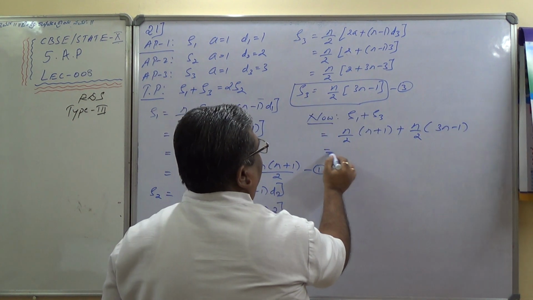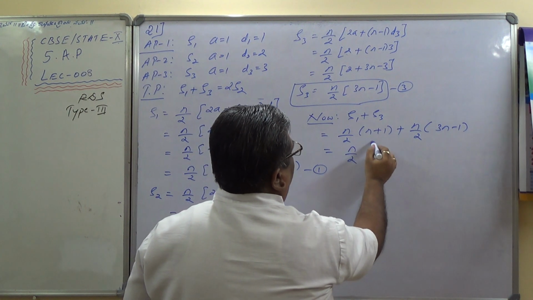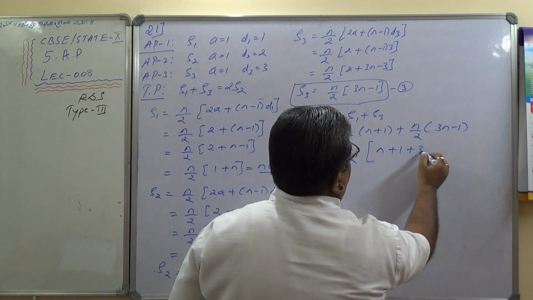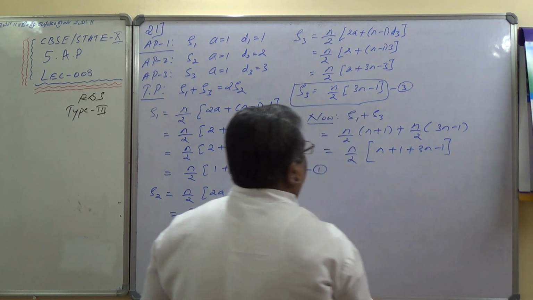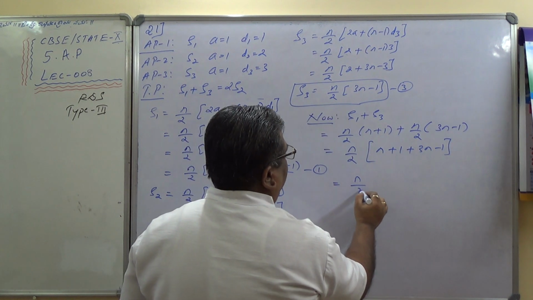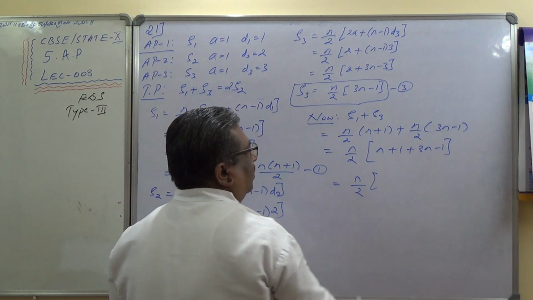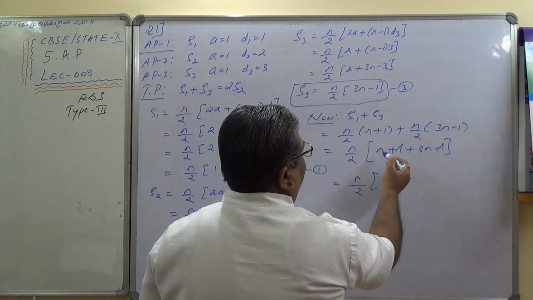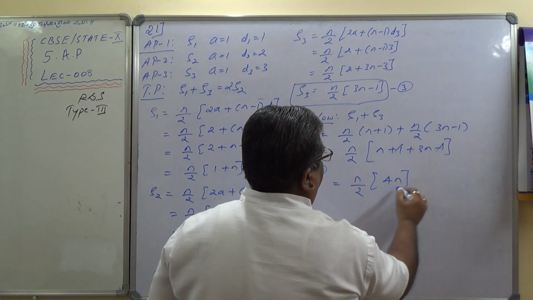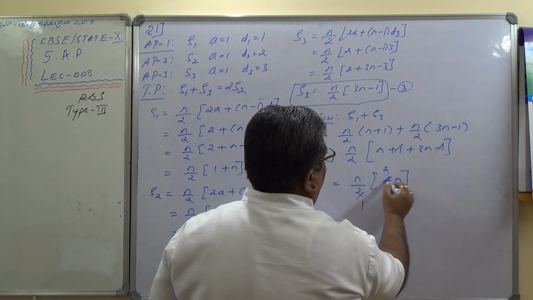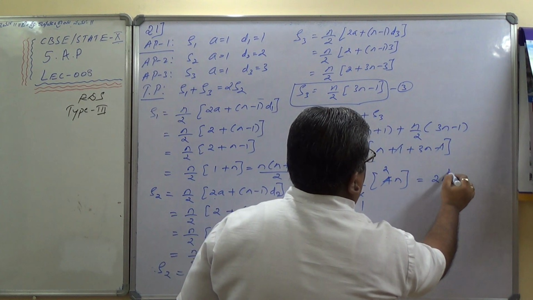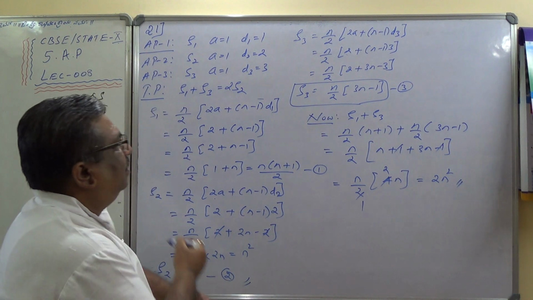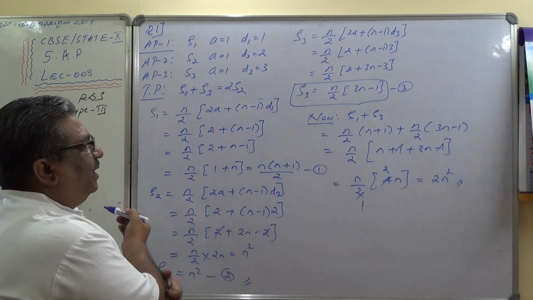What is common? n by 2 into bracket n plus 1 plus 3n minus 1, which equals n by 2 into 4n, 2 1s are 2, 2 2s are 4, which is 2n square. So S1 plus S3 is equal to 2n square.